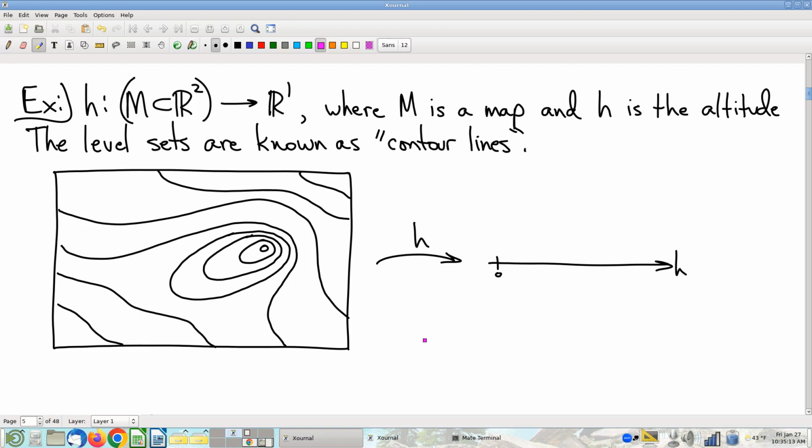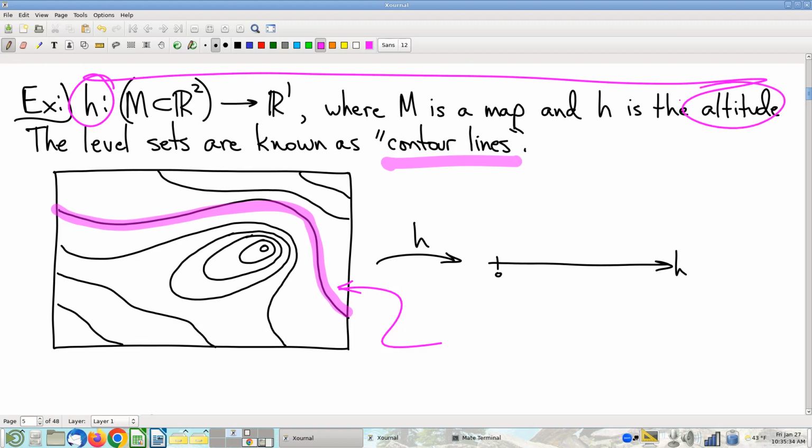That attempts to show the shape of the land, maybe around a mountain or some hilly area or something like that, then you'll recognize these things called contour lines. And what defines a contour line is contour lines are where the altitude function is set equal to a constant.